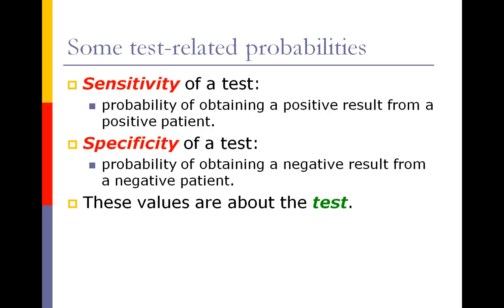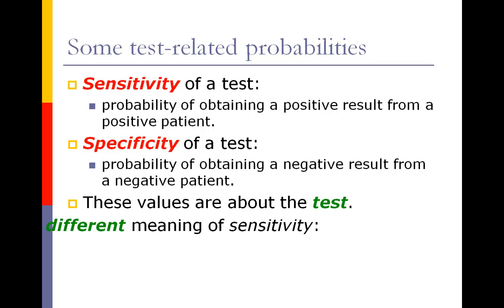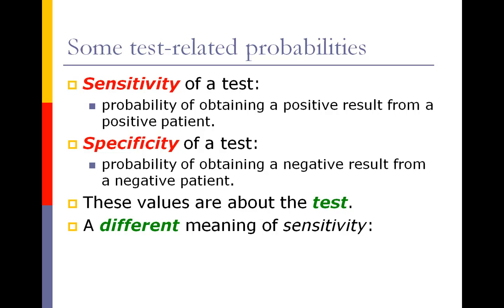Maybe a lab technician will be more interested in these kinds of numbers, and as a nurse you want to know something about these numbers as well. But more importantly, you want to know something about the probabilities associated with the patient, and we're going to see that in a minute.